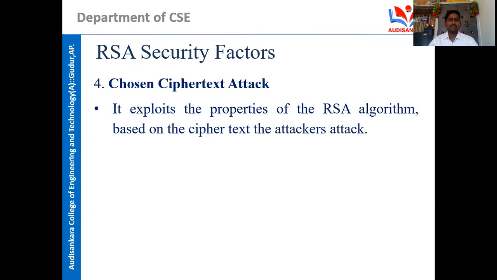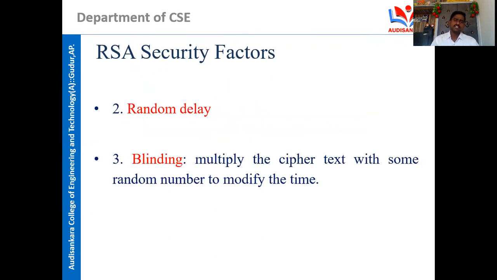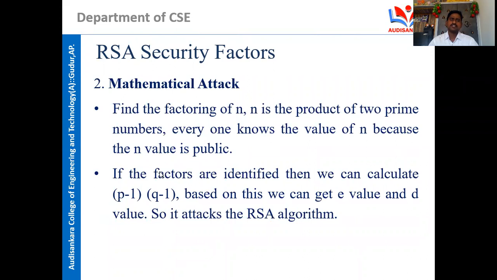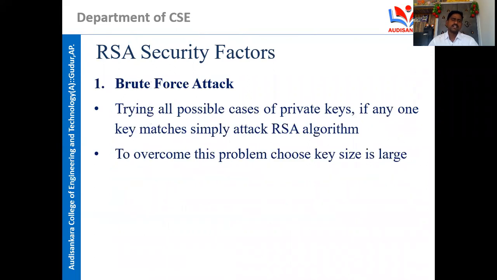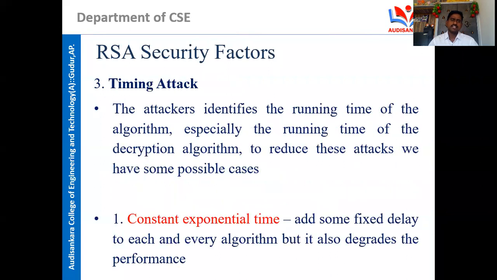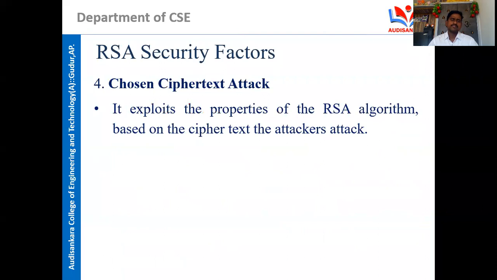These are the four possibilities in the RSA algorithm where an attack can be performed. One is brute force attack, second is mathematical attack, third is timing attack, and fourth is chosen ciphertext attack. Okay.